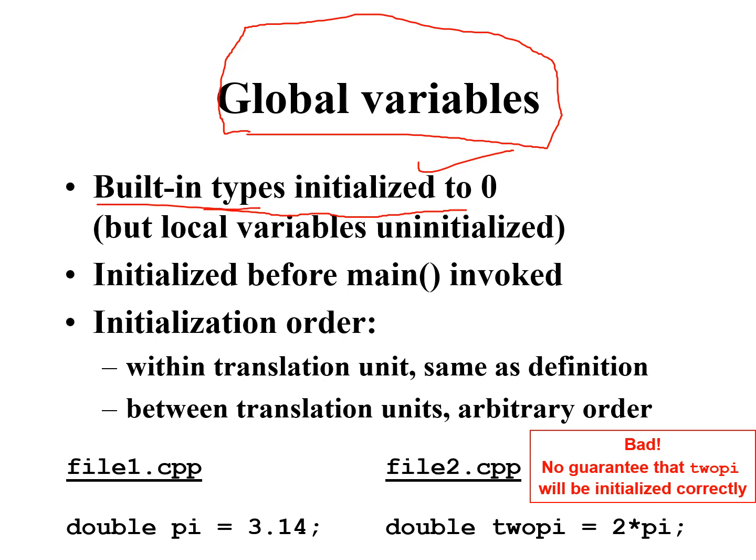But local variables are initialized over here, and initialized before the main function is invoked. For example, if I tell you, a global variable means that while writing code, even before the main function, we define some variables so that we cannot change their value in the entire function.